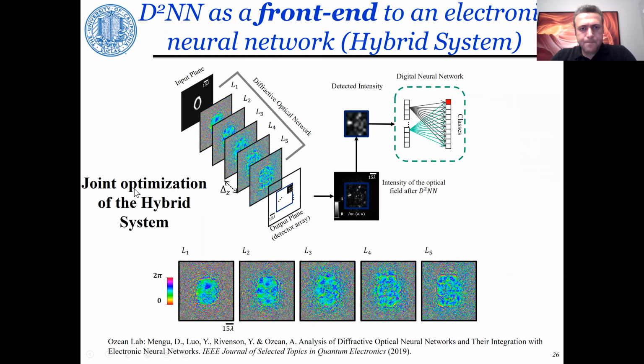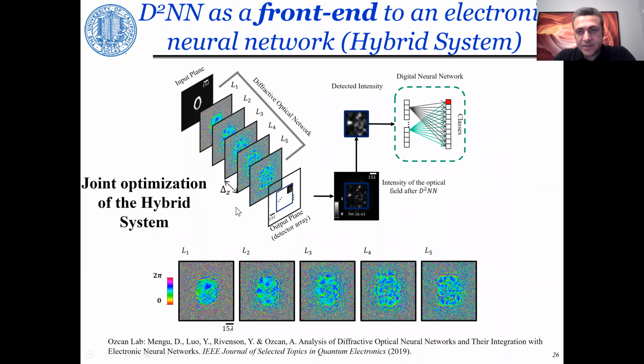Here we are jointly optimizing a diffractive system to work with an electronic digital neural net, let's say a modest one, without depth, with only a few layers, or maybe even less, to see if this hybrid system can perform competitive image classification tasks with the help of the front end.